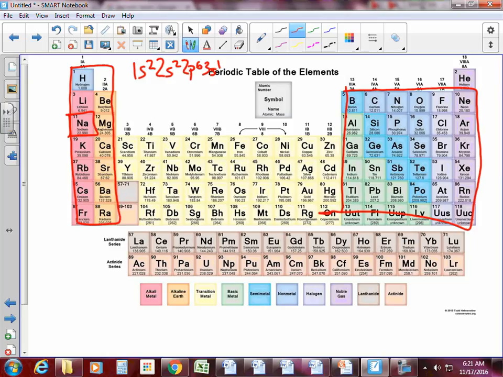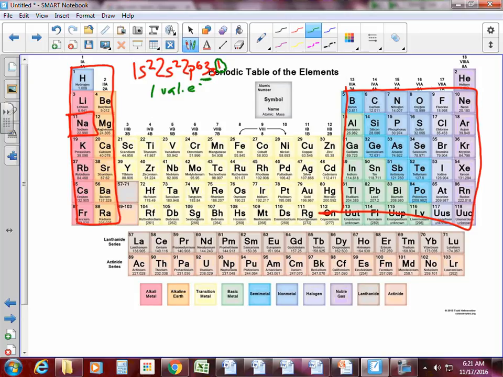So you need to look at what the highest energy level is. Here, the highest energy level is 3. Then you figure out how many electrons are in that energy level. In this case, there's only 1. So sodium has one valence electron.